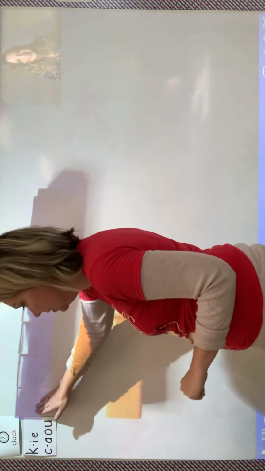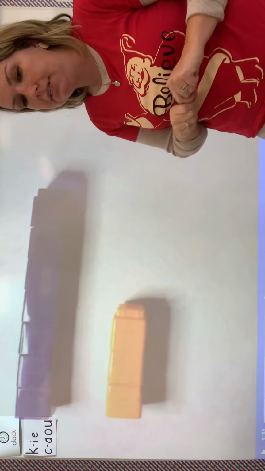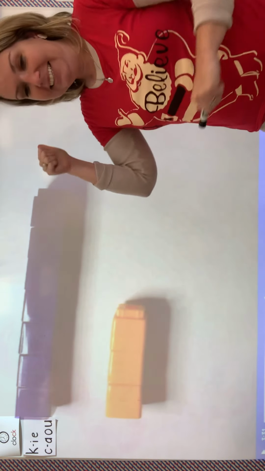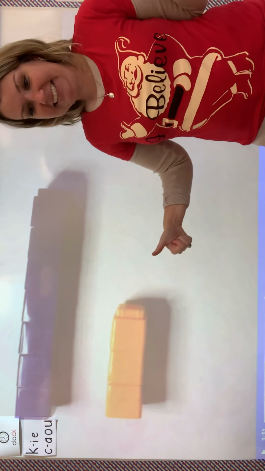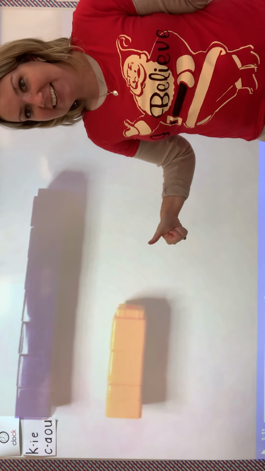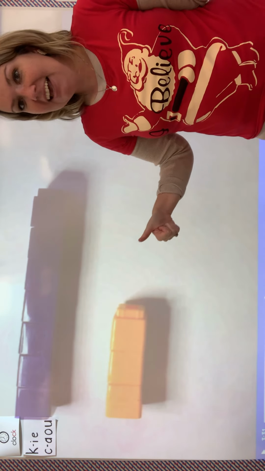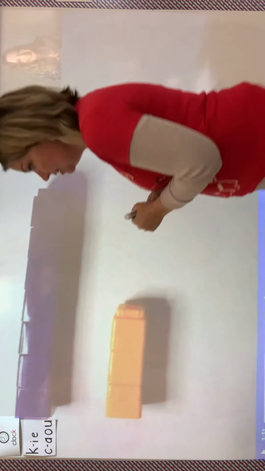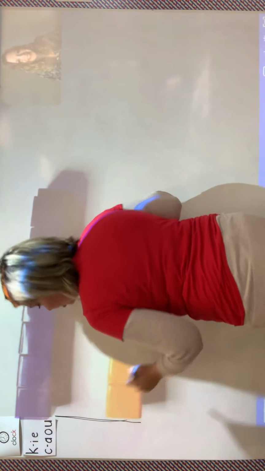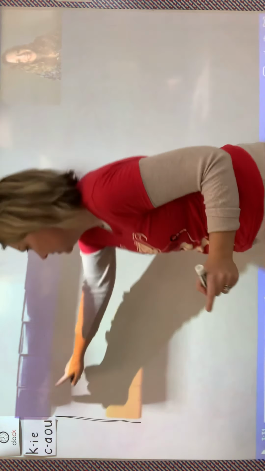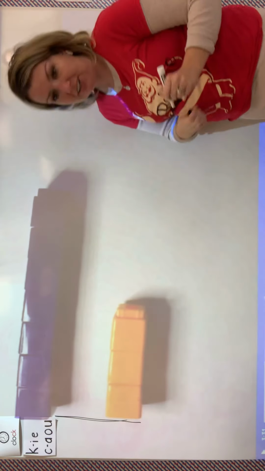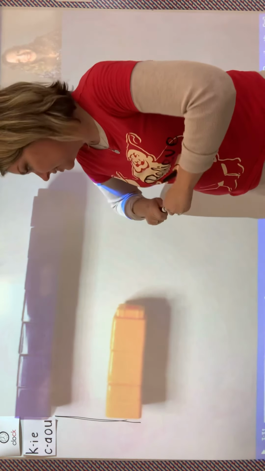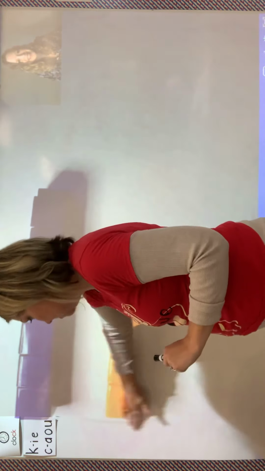How can we tell that this 7 train is longer, other than counting? The endpoints are together and it's more than the 3 cubes. Awesome! The endpoints are the same. They start at the same spot, and I can see that this one is longer. Great job, Russell. All right, let's listen to Miss Emily, see what she says.